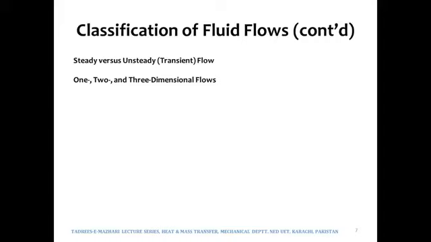In a similar manner the fluid flow may be 1 dimensional or 2 dimensional or 3 dimensional, depending upon the components in those particular directions, x, y, z, r, z and angle, and in a spherical, r and 2 angles, theta and phi.